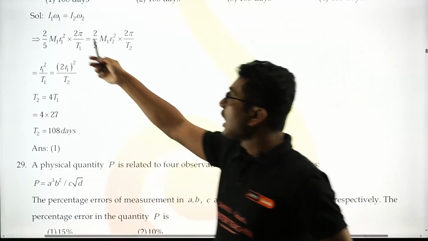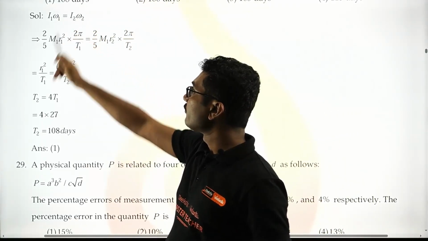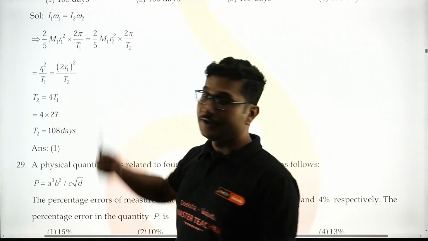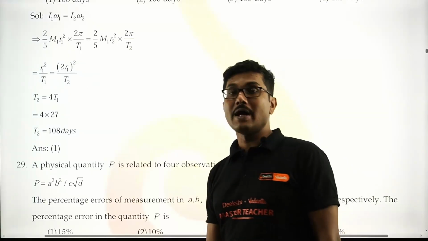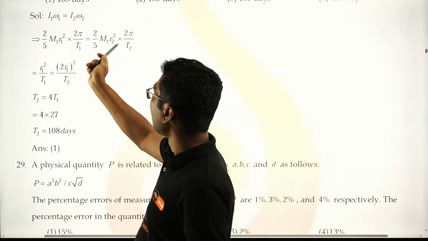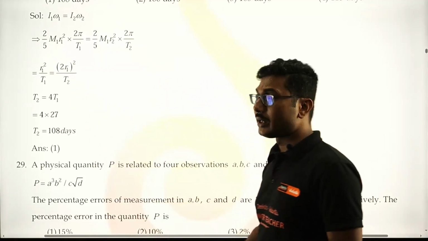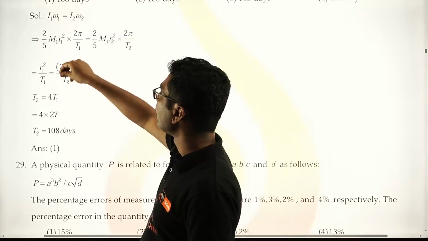So initially I1 omega 1 is the initial angular momentum, I2 omega 2 is the final angular momentum. So for a sphere, the moment of inertia is given by 2 by 5 mr square. So if the radius is double, then R2 will be just 2R1, other values will cancel automatically, and from there you can calculate whatever is the time period.